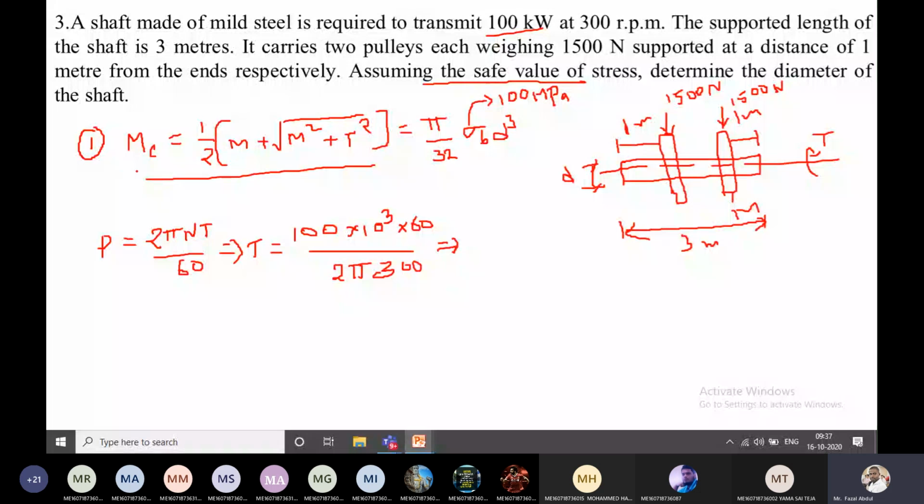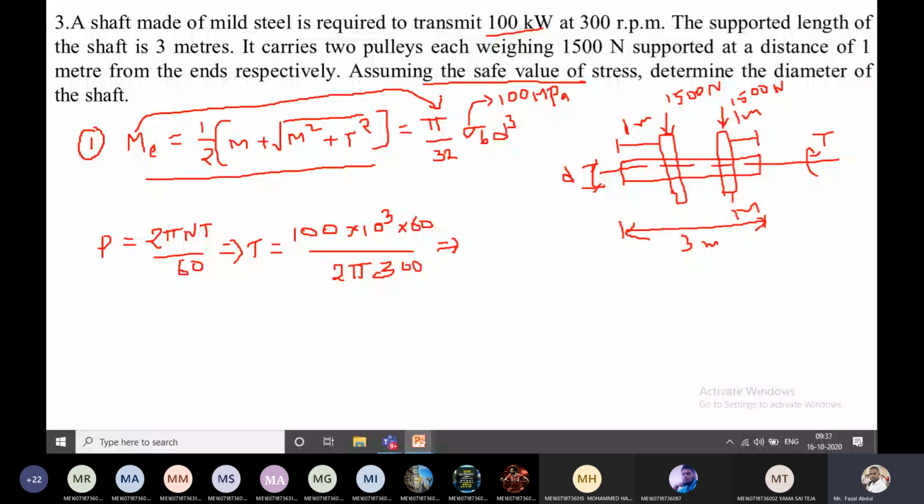According to the maximum principal stress theory, the equivalent bending moment Me equals 1/2 [M + square root of (M² + T²)]. Okay, this Me equals π/32 × σb × d³. In this equation we need to calculate the d value, which is asked in the question.